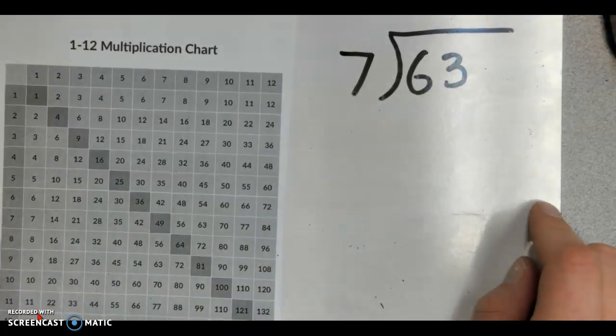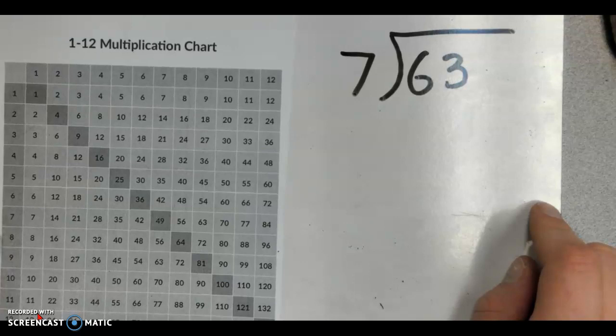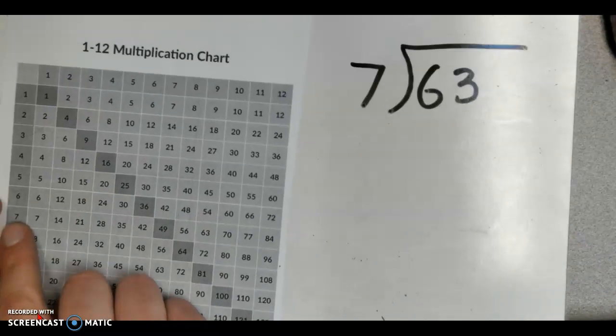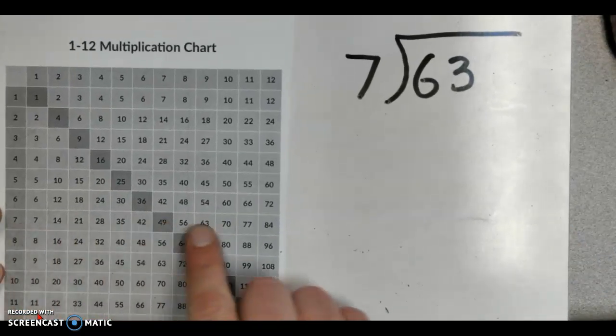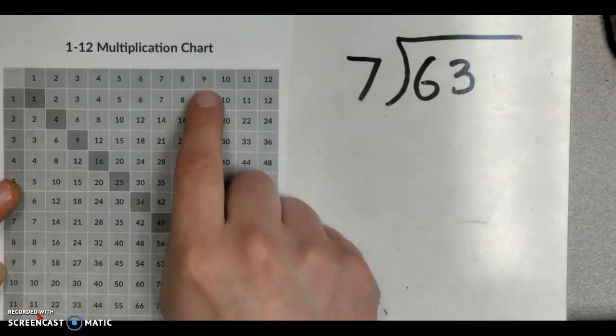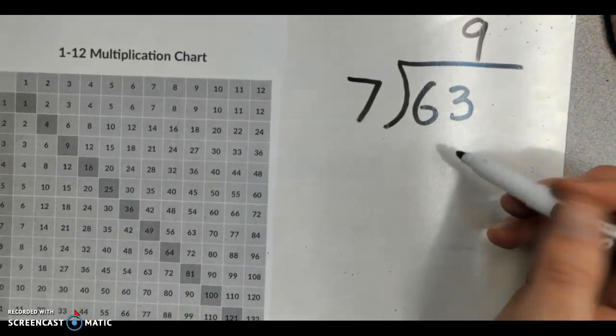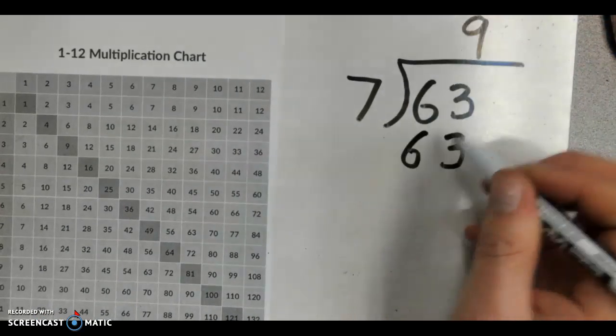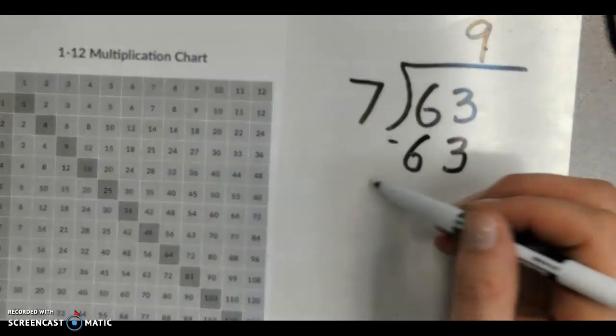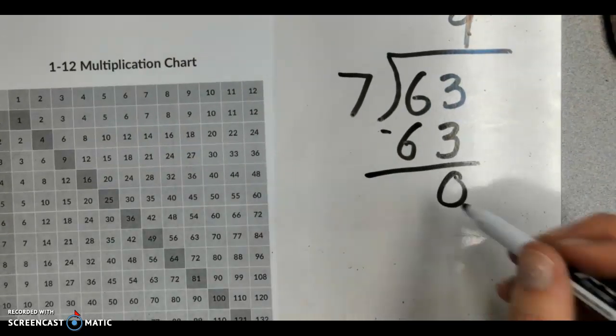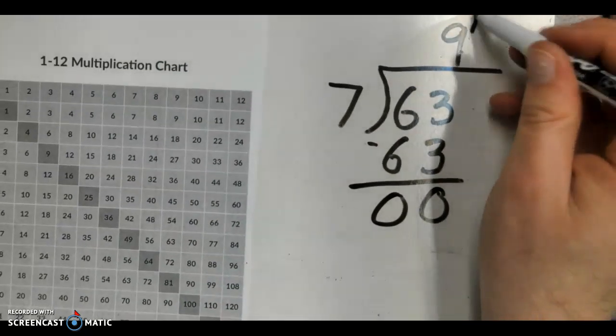Go ahead and do that now on your board. Okay, if I go to 7 and I look for 63, I go up and it's 9 times for 63. Okay, I multiply. 9 times 7 is 63. I subtract, it gives me zeros. So my answer is 9.